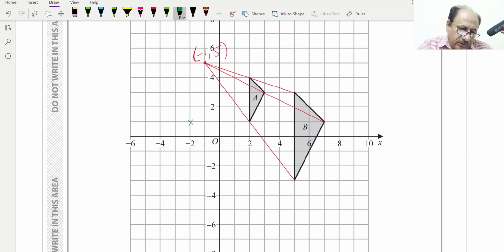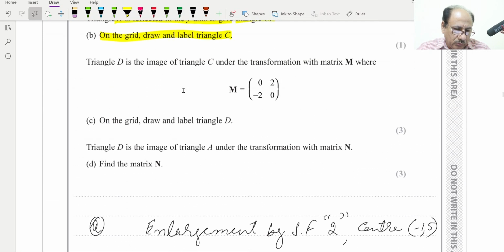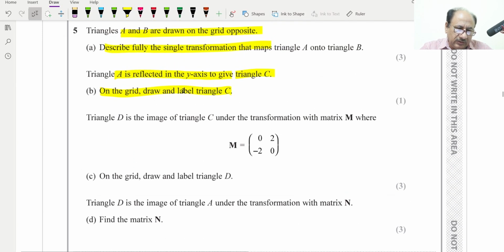These will be the points which we are identifying, these 3 points, and we have to join the points to get the triangle. Hopefully you are understanding each and everything. I'm trying to explain each and every point. So this will be triangle C. We have to label it as C. Now this part is also done. They are saying to label the triangle C, which we have already done.